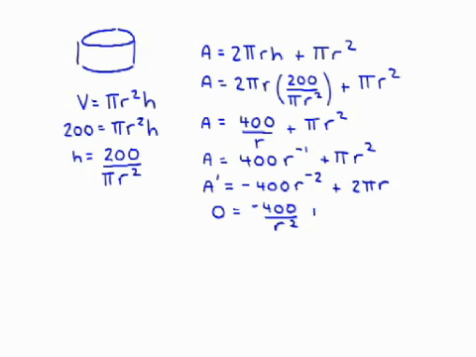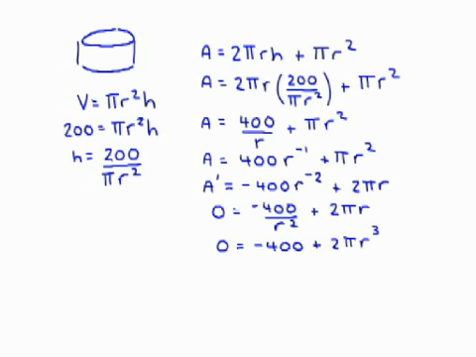Now when you take a look at that equation, it's a little more challenging to solve because we have an r squared in the denominator. What we can do is multiply everything on both sides of the equation by r squared. So we end up with 0 equals negative 400 plus 2 pi r cubed.